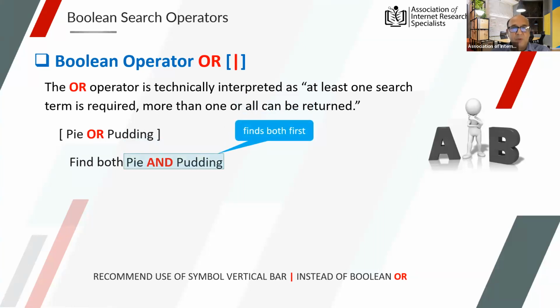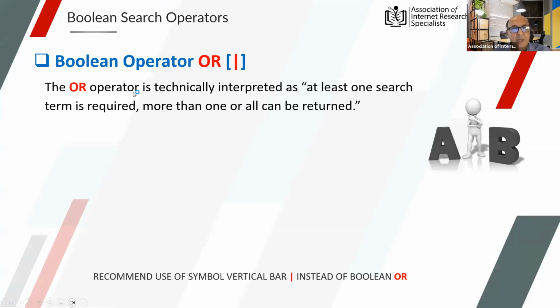What is OR supposed to do in the first place? By definition, the OR is technically interpreted as at least one search term is required or more than one, like it can look for both of them, or all can be returned.